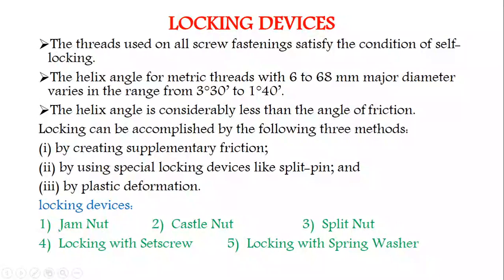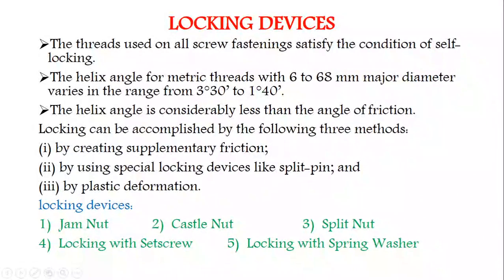Locking devices. The threads used on all screw fastenings satisfy the condition of self-locking. The helix angle for metric threads with 6 to 68 mm major diameter varies in the range from 3 degrees 30 minutes to 1 degree 40 minutes.